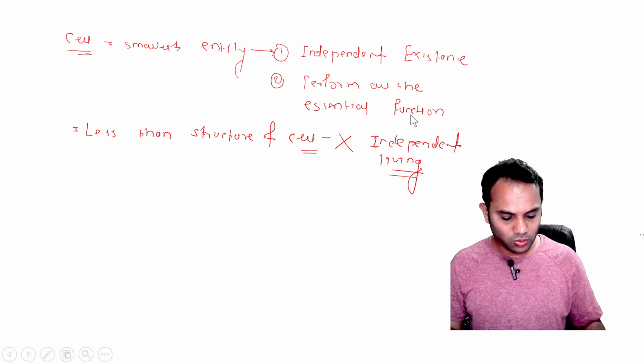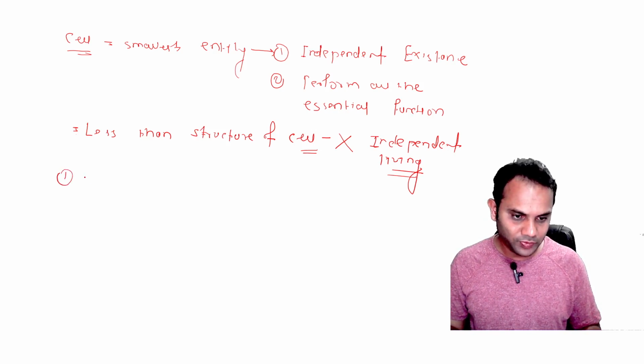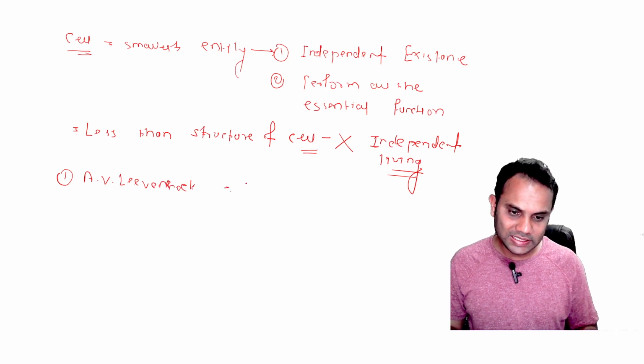Now in your book there is a mention of two different scientists. First is Anton van Leeuwenhoek, who was a Dutch microbiologist.